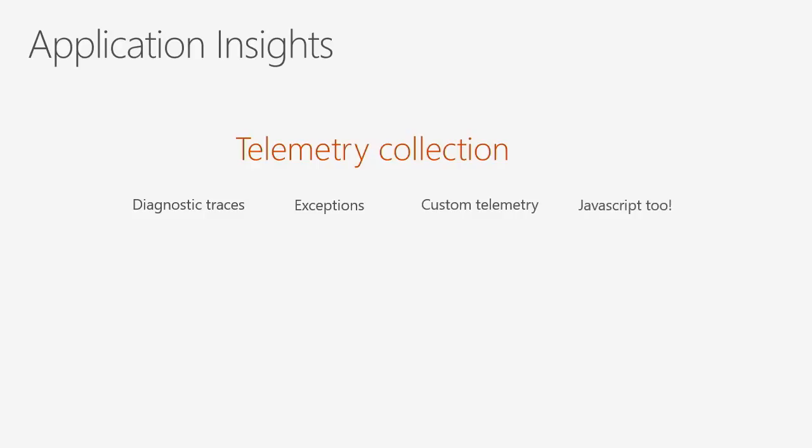Application Insights has a wonderful set of telemetry collection. So we're talking about custom tracing information, diagnostics. You can track exceptions. You can get additional metadata without lifting a finger. So it will tell you your HTTP status codes. It will tell you the IP addresses where your requests are coming from.